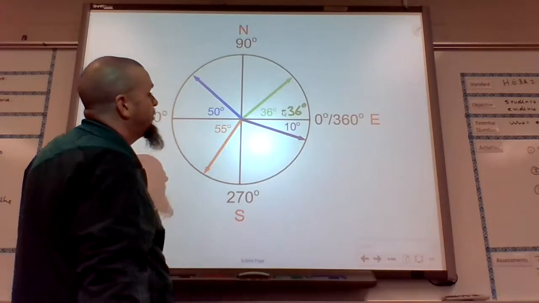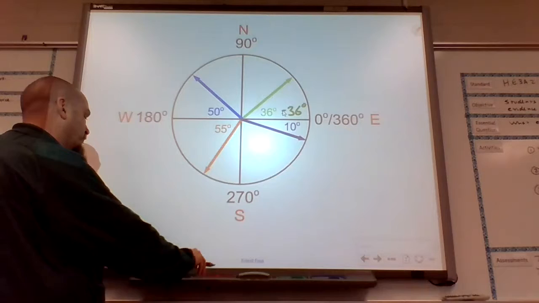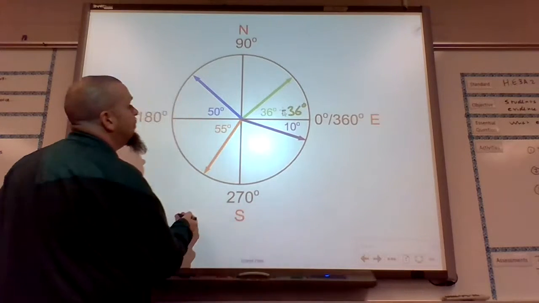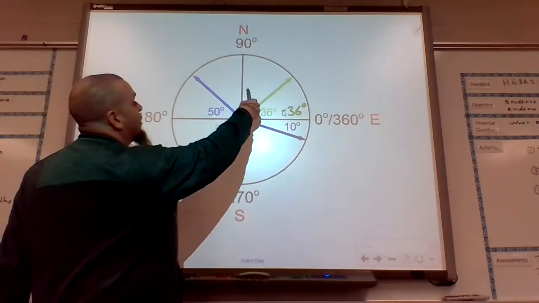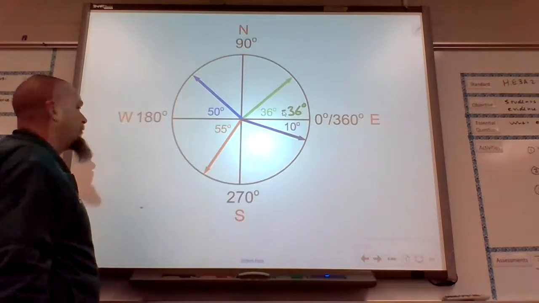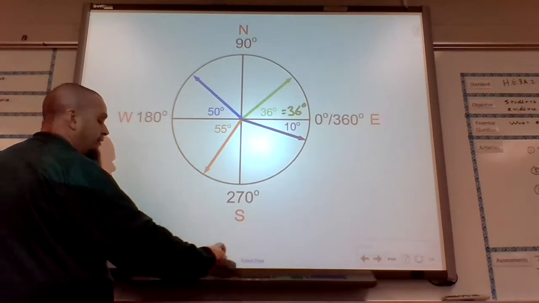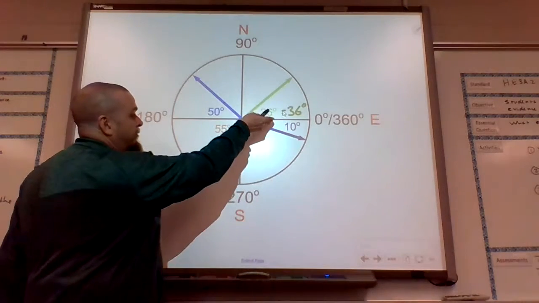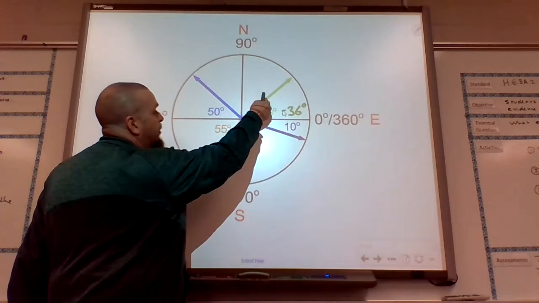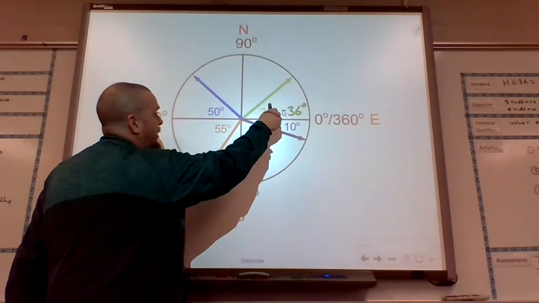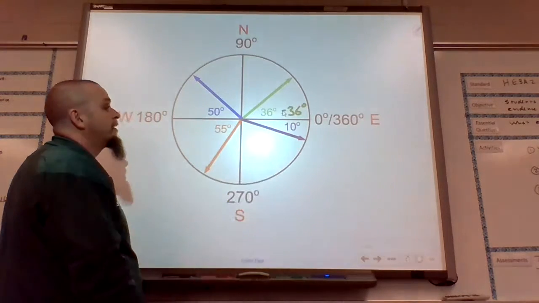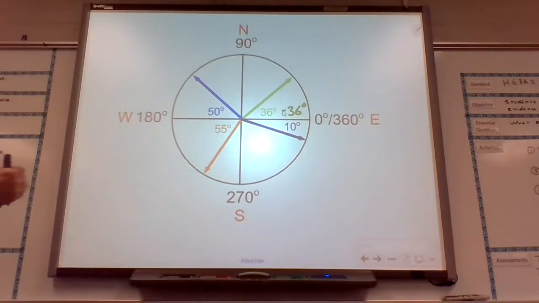You don't have to do any further work. If you had this angle up here, then what you would have to do is subtract it from 90 to get your angle down here. So if I knew this one was 50 degrees, I do 90 minus 50. I know that angle down there is 40, and that's the one I go with. Always trying to say how far from zero we are.